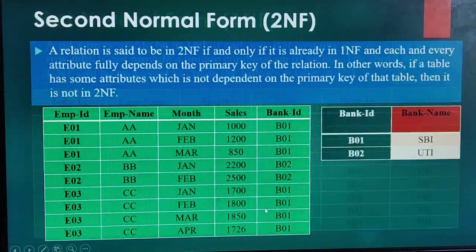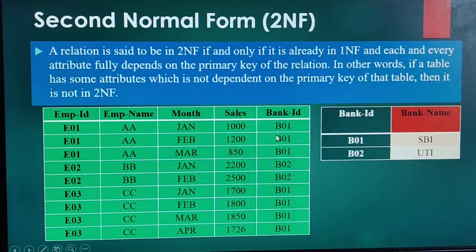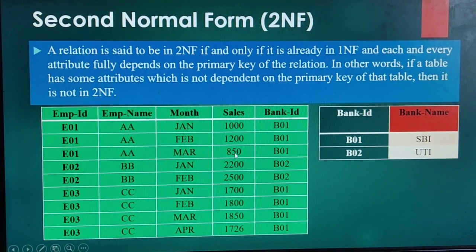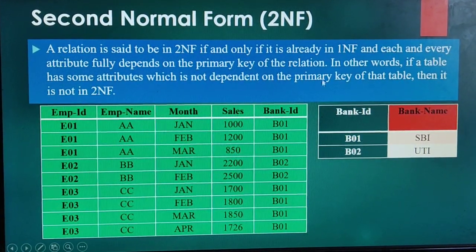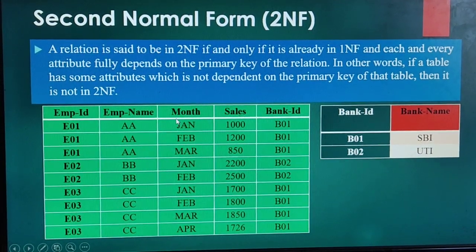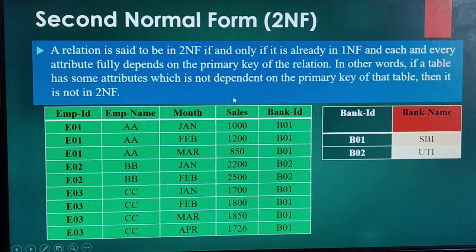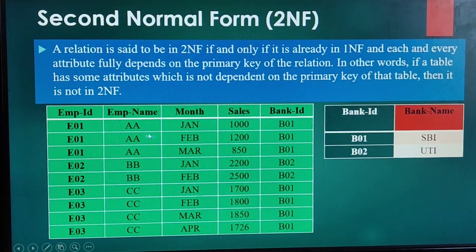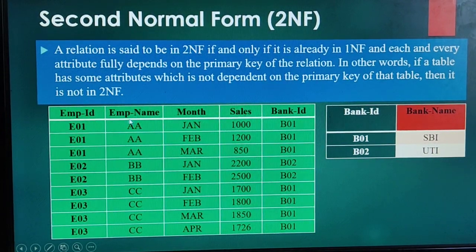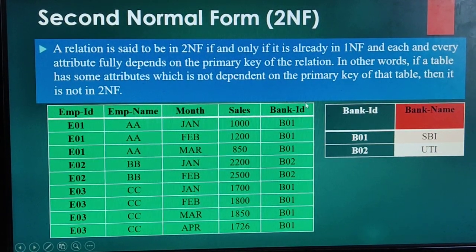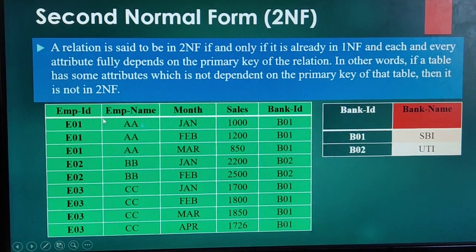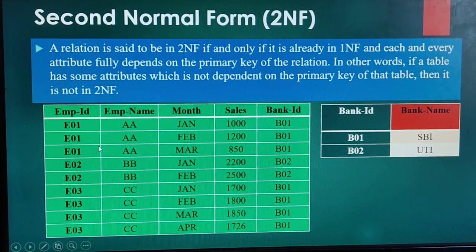Here it is already satisfied, so first NF is already satisfied. The second NF says that this relation must have a primary key. Now, which attribute will serve as the primary key? We can take any attribute which identifies each and every record distinctly.